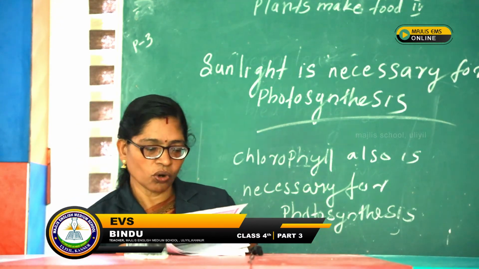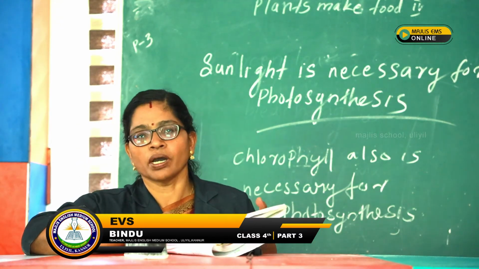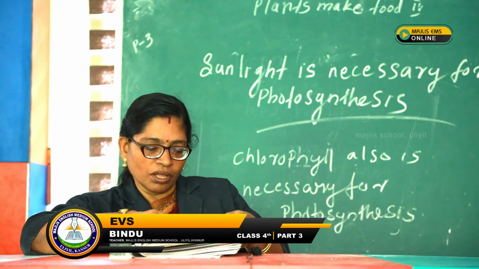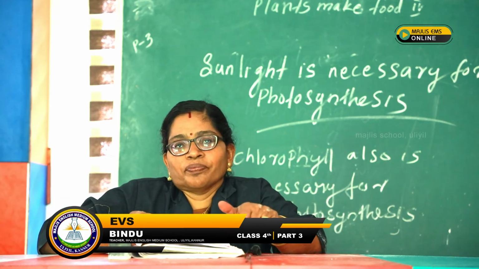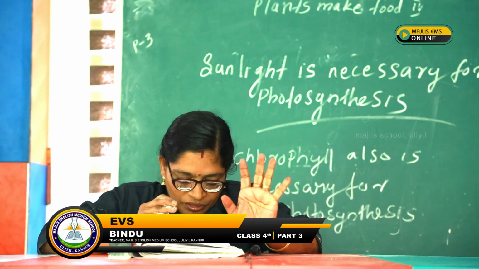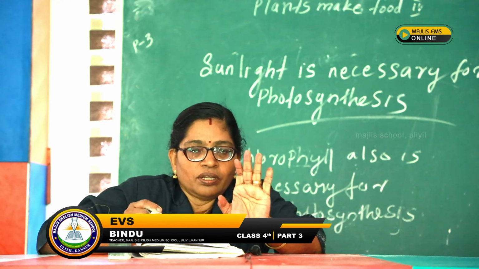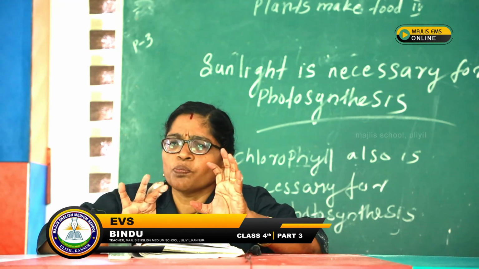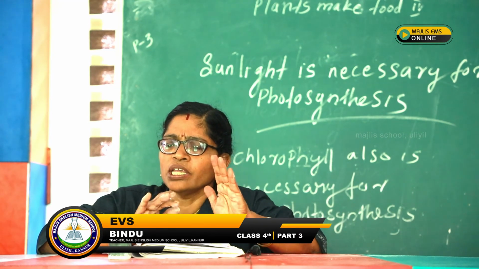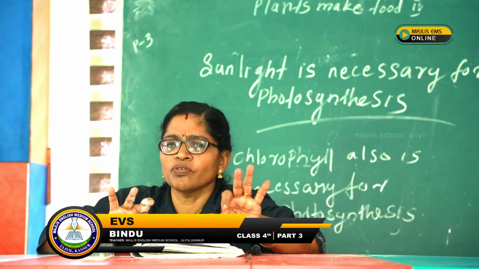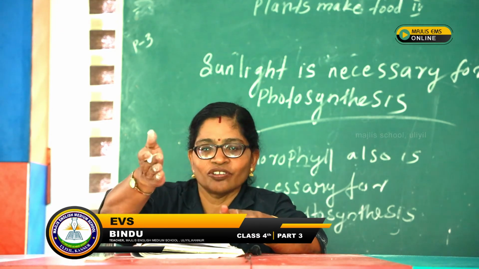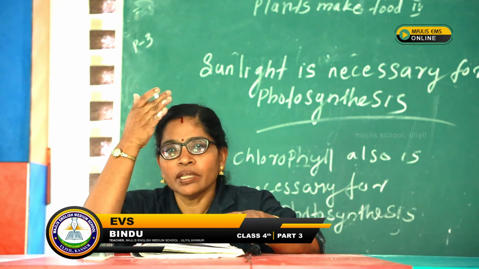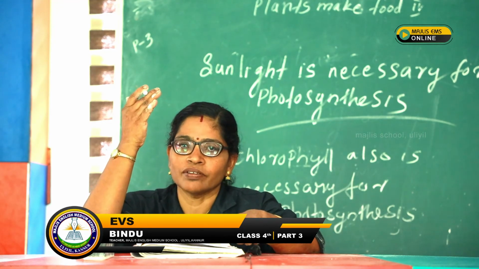I think you all are clear on this part. Then I ask you a question. The leaves have tiny pores, you already know that. What is the breathing organ of the leaf? Excellent. Stomata is the breathing organ of plants.